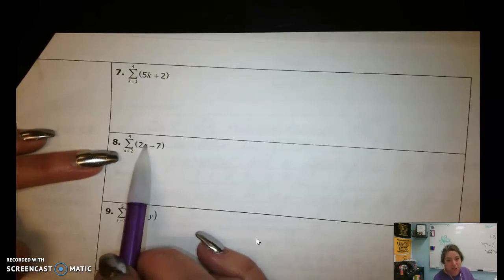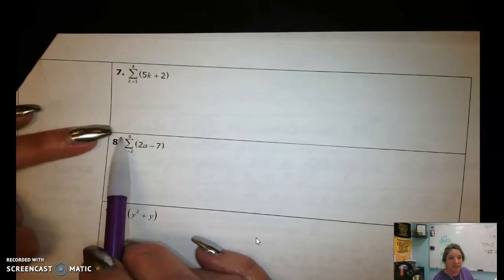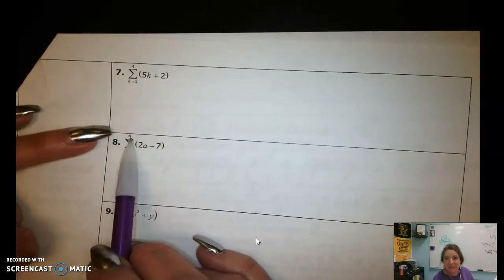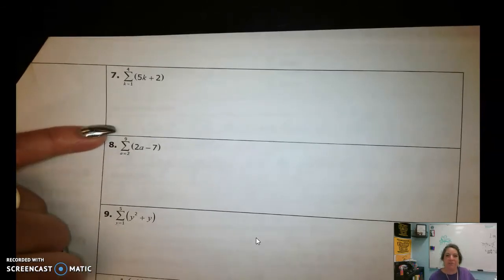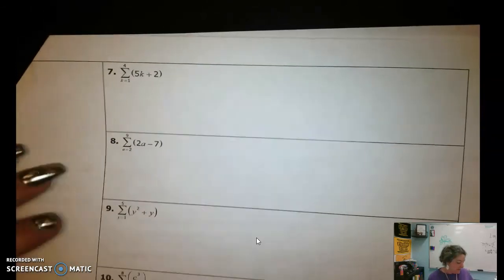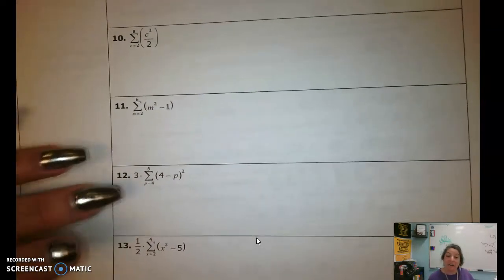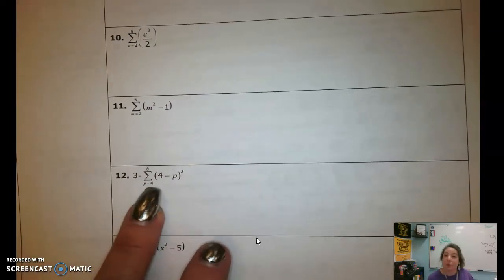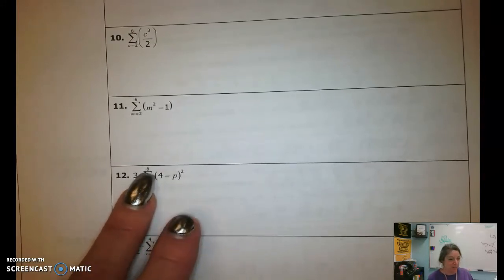So you're going to plug in a 2, and then you're going to plug in a 3, 4, 5, 6, 7, 8, and you're going to stop at the 9. So you're starting with the second term and you're ending with the 9th term. Same thing when you get down to number 10, number 11, number 12. You're going to start with the 4th term and end with the 8th term.